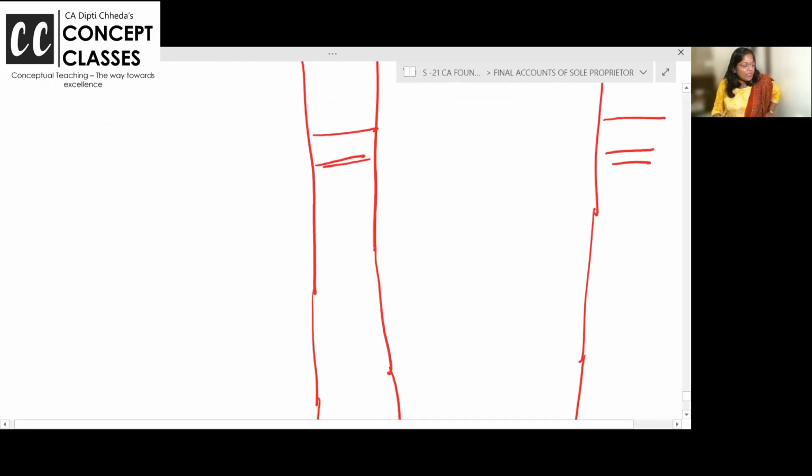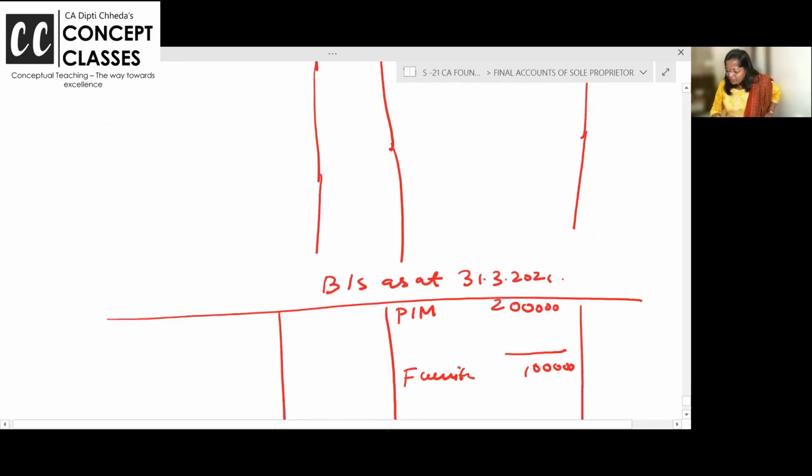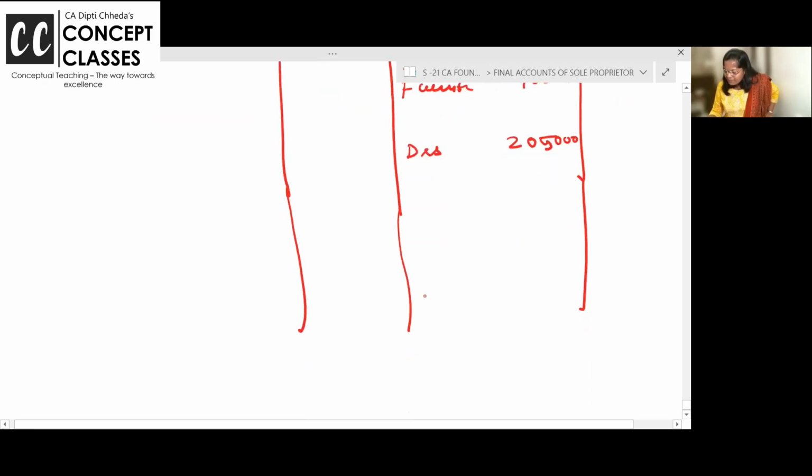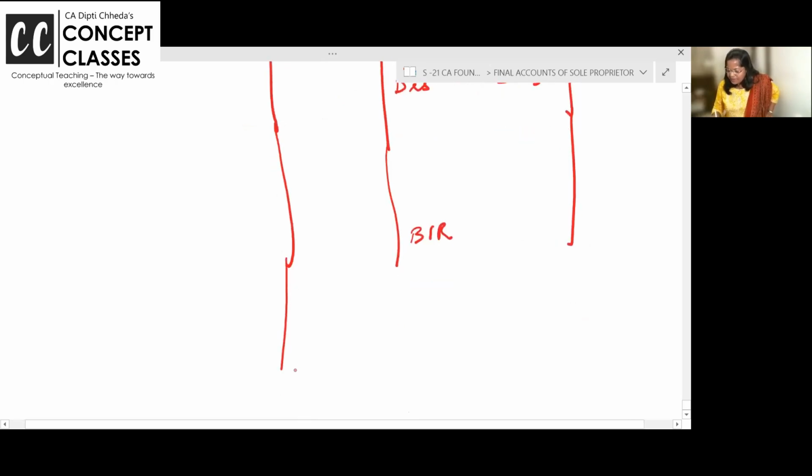In debtors there are 2-3 adjustments, bad debt and provision and all. So you can do it in a separate working and write the final figure, or you can write it in the inner column. So I'll write it in the inner column. After debtors, at least leave 5-6 lines.